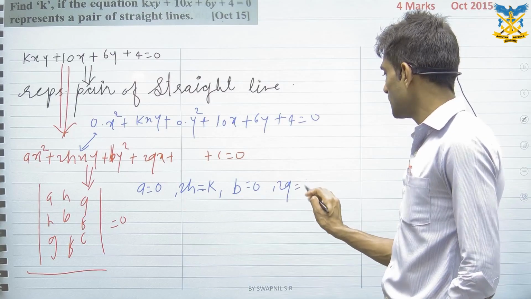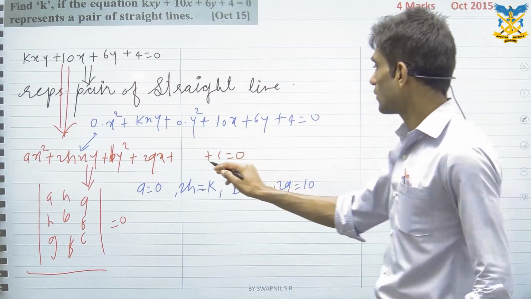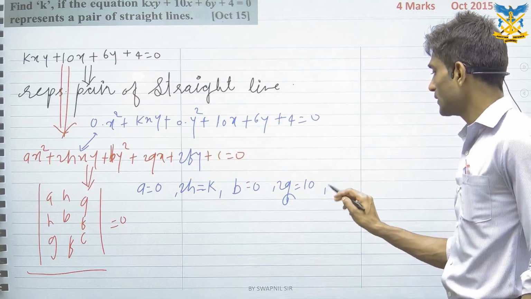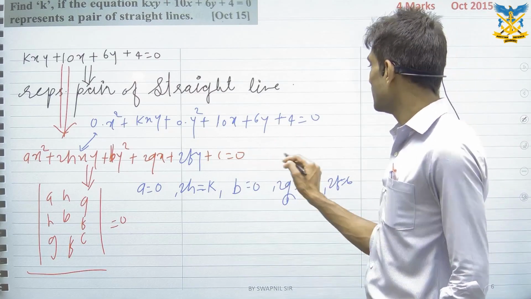After that twice of fy, which remains: 2f is equal to 6 here. And then c is equal to 4.